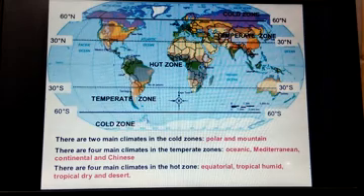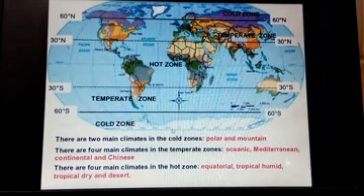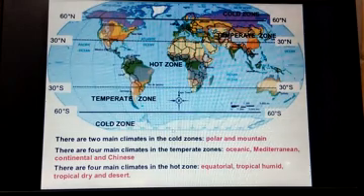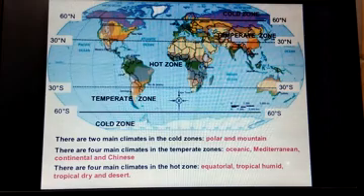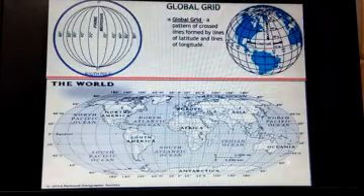You can show red, green, and blue to show the different types of areas. Temperate, hot zone, torrid zone: hot zone and torrid zone are the same. Moderate temperature and temperate zone are the same. Frigid zone and cold zone are the same.